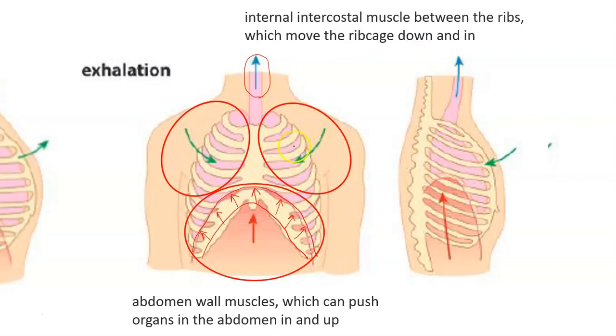In this exhalation time, the internal intercostal muscles are making your chest release the air to the outside, and it reduces the volume of your chest by going in. So that's why exhalation involves the internal intercostal muscle.